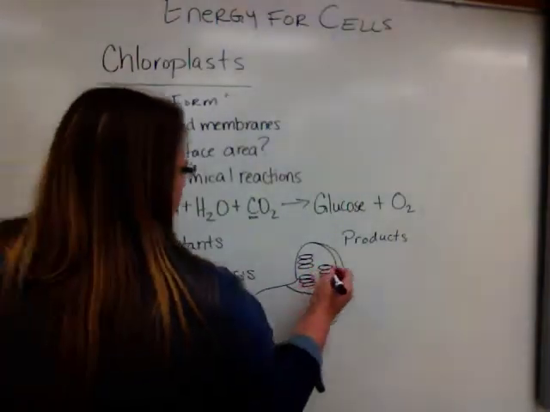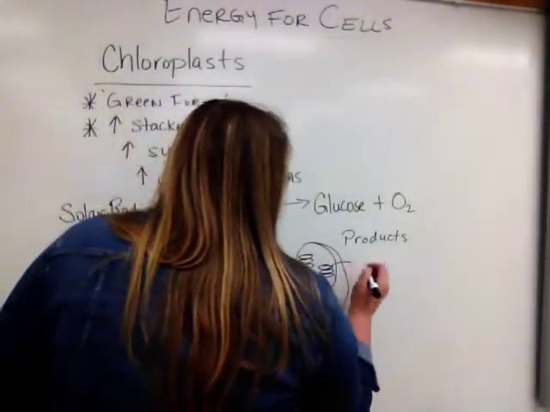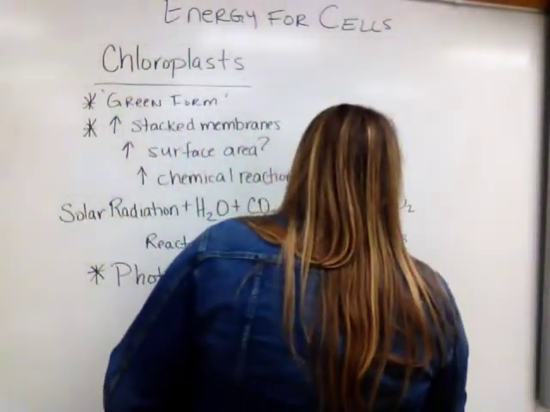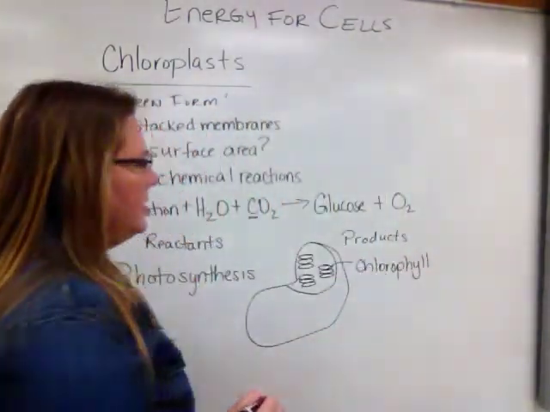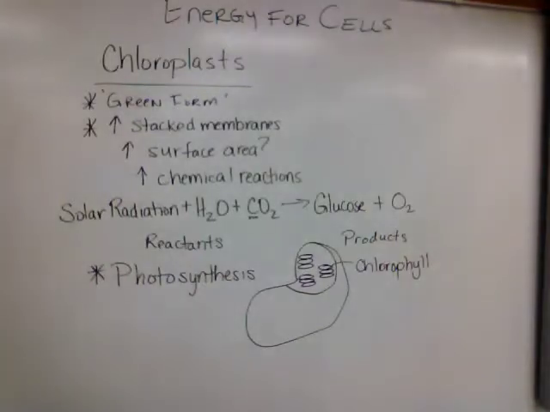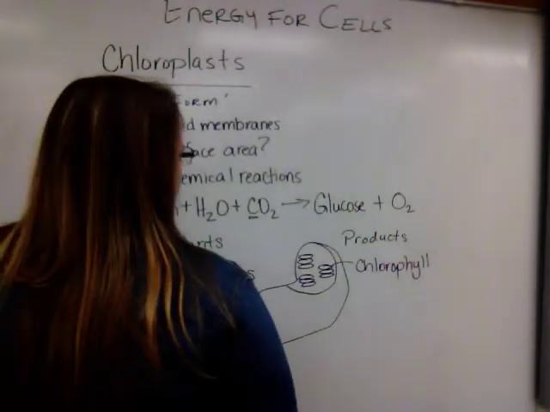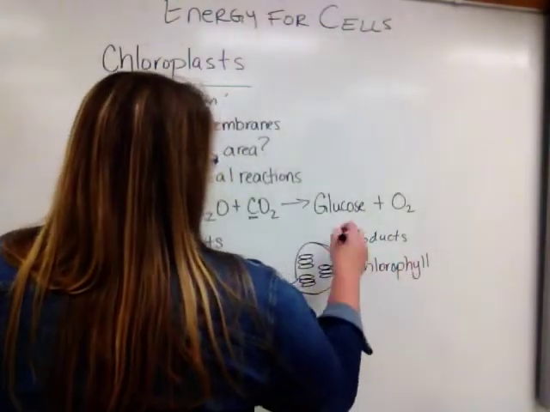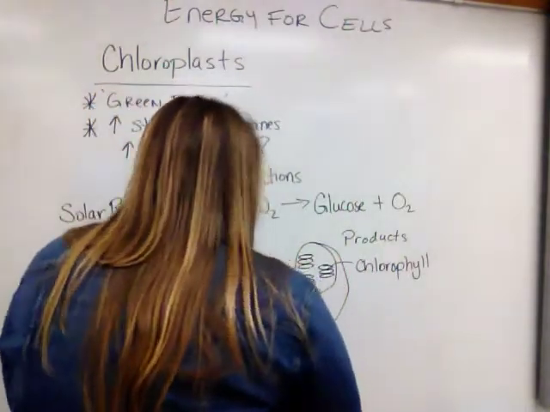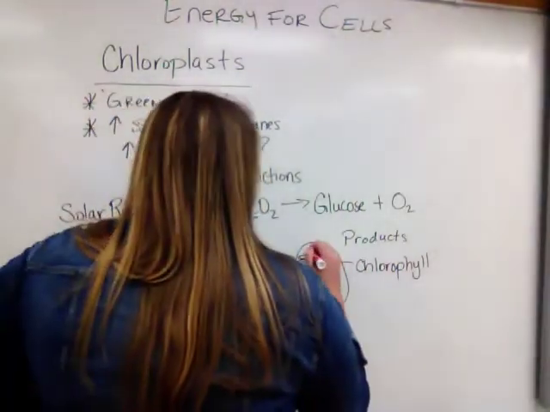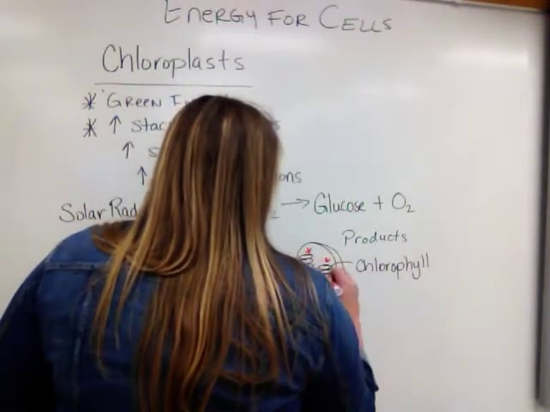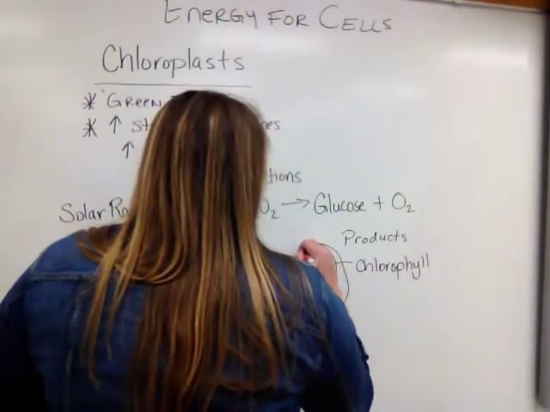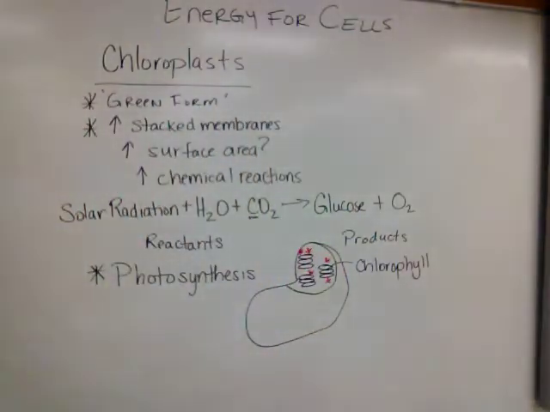That's because these little membranes are full of the pigment chlorophyll. And that's what makes those chloroplasts green. And so this green pigment is what's actually going to be able to capture the energy, the photons, that energy unit. So we're going to have little reactions going on right here, making that glucose.